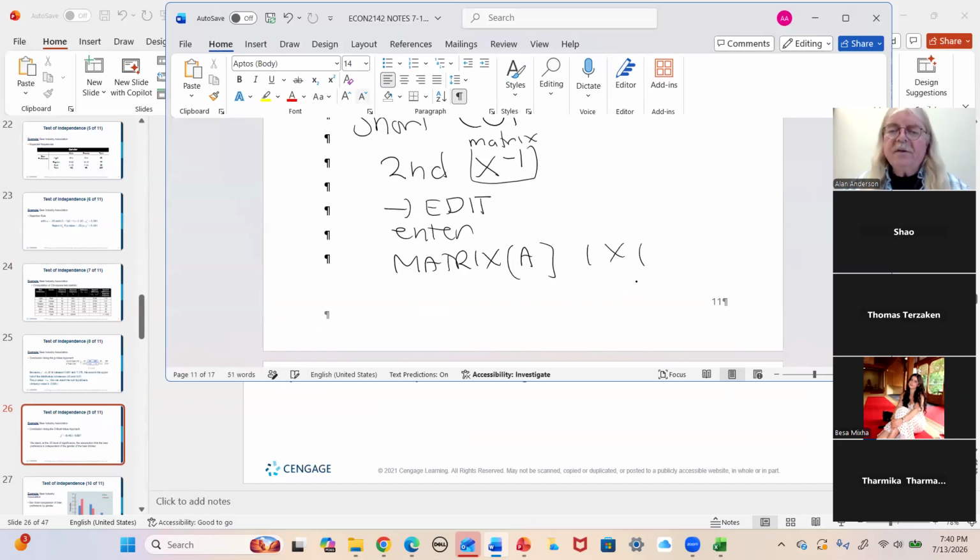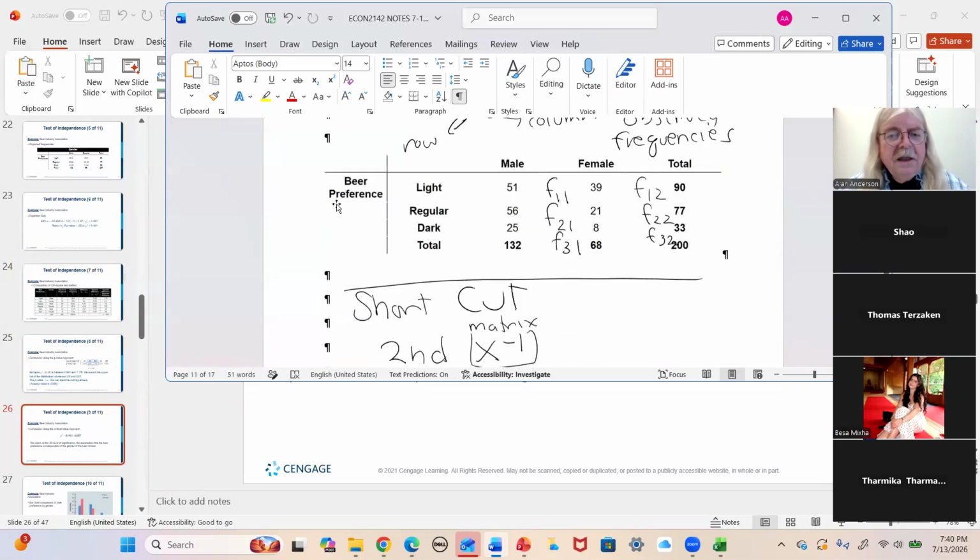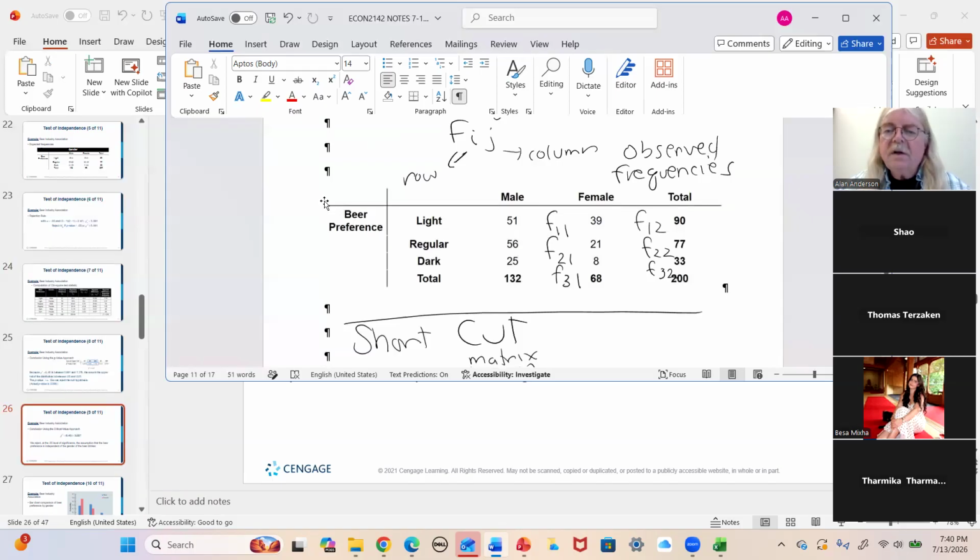Those are the dimensions of the matrix. Rows, columns. It's not what we want. The data we have has 3 rows and 2 columns.